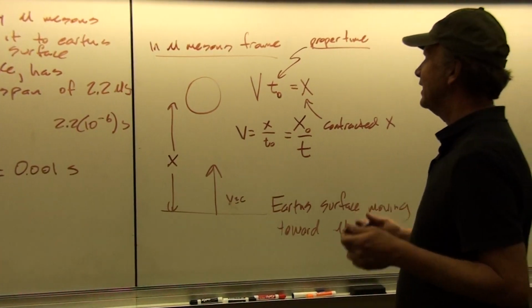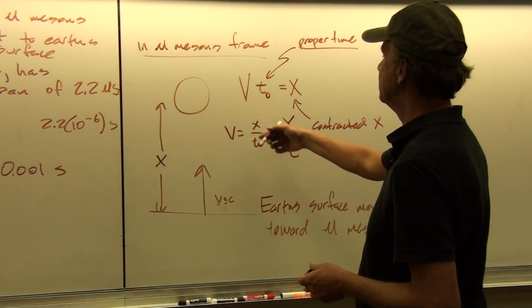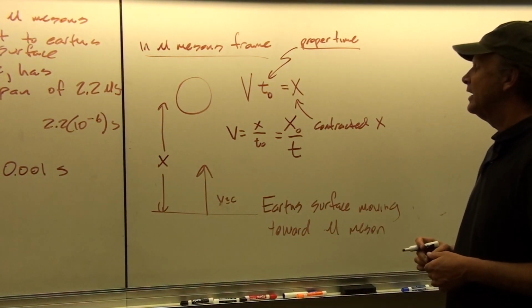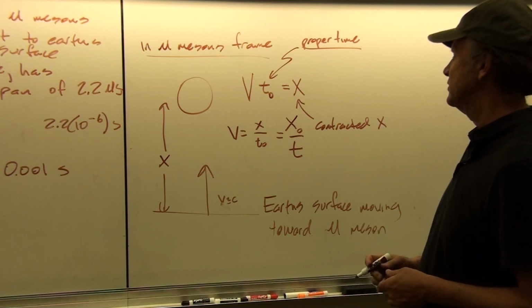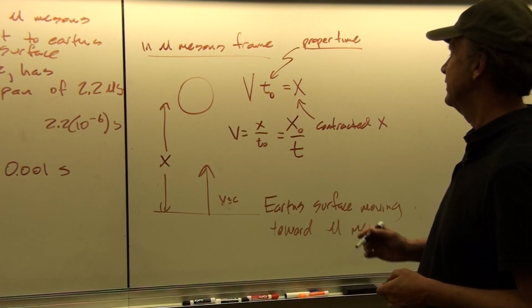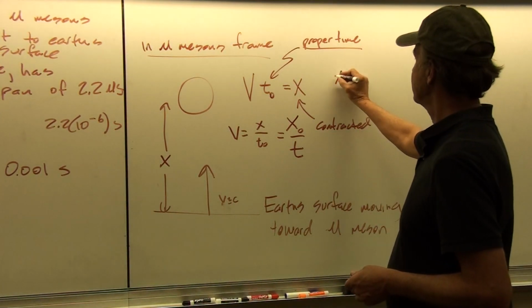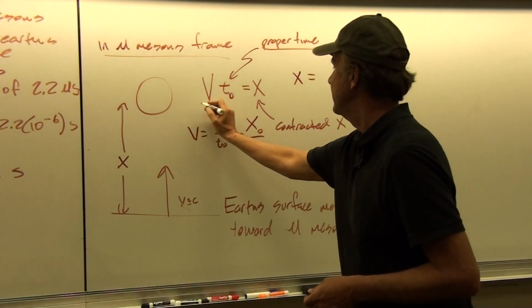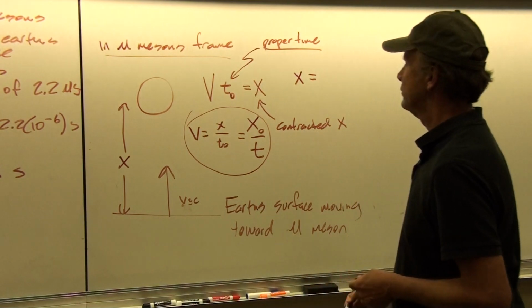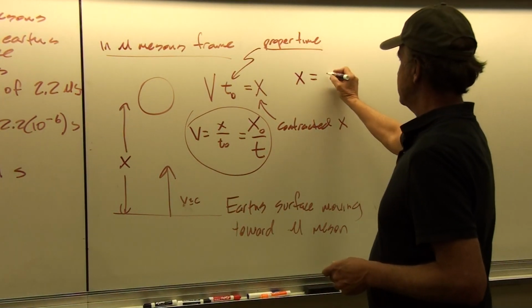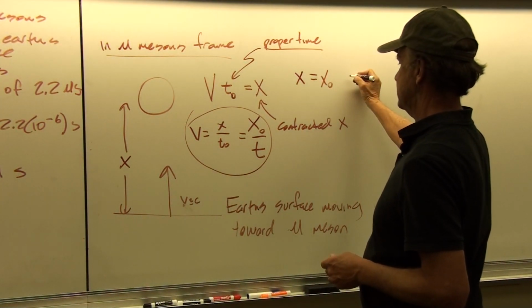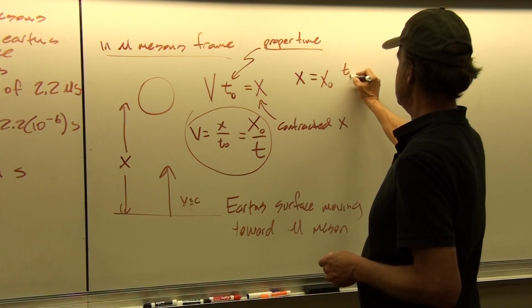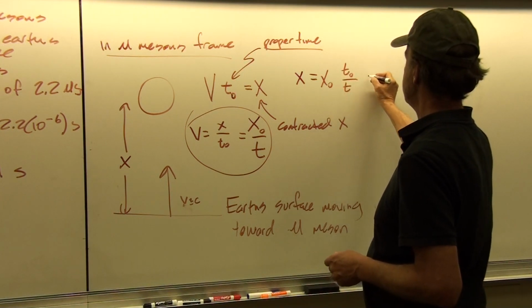And now, in the textbook, they go through a much more complicated way of determining the length contraction. But I think this is the most straightforward. And so here, I'm just going to solve this for x. This gives me the contracted length from this equation. So that's going to be equal to x naught times t naught over t.